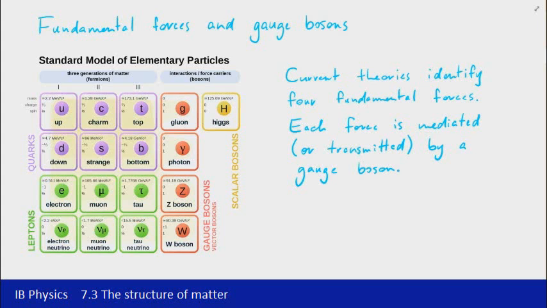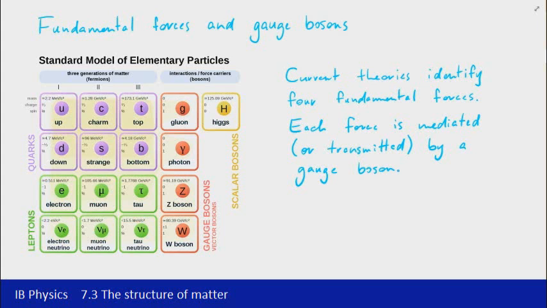Now, to take this a step further, this is not something that you need to know, but just to clarify, a boson basically has a zero or whole number integer spin, compared to fermions that have a half integer spin. So that's the difference between bosons and fermions. In the same way that we had fermions that were composite particles, there are some bosons that are composite particles as well.